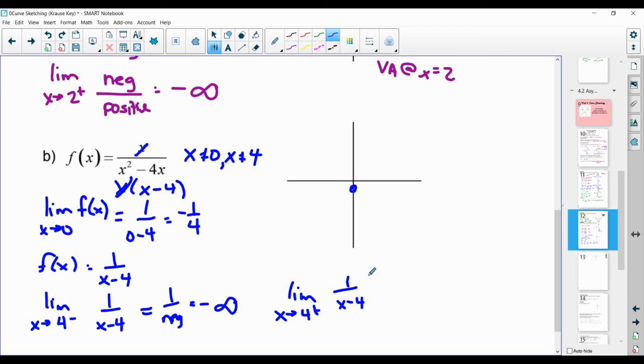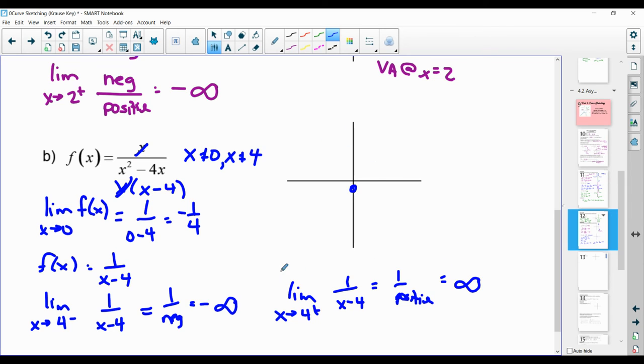We are going to have 1 over a positive number, and that will give us a positive. Now, I think I just caught a mistake here if I had said it wrong. When I was looking at the x minus 4, I was thinking negatives. So when we're looking at numbers that are approaching 4 from the left, we're looking at like 3.999, 3.99999. So if I had confused you in that part, I apologize.